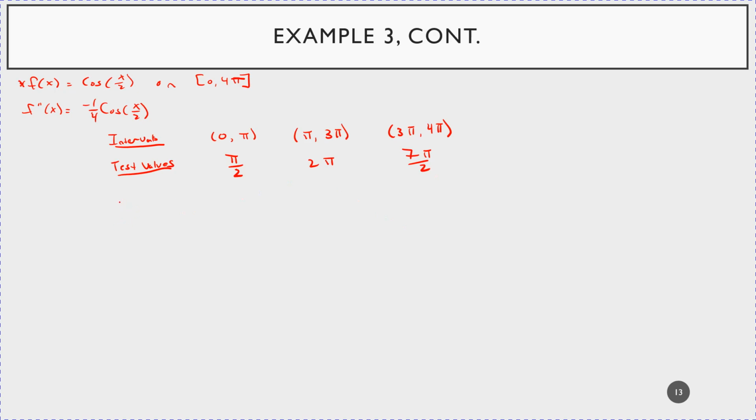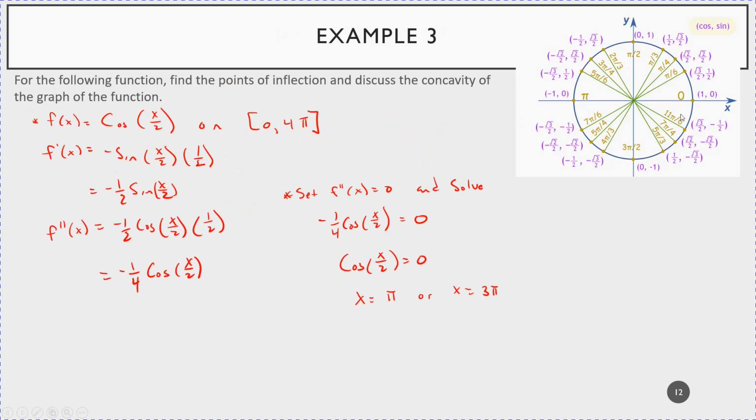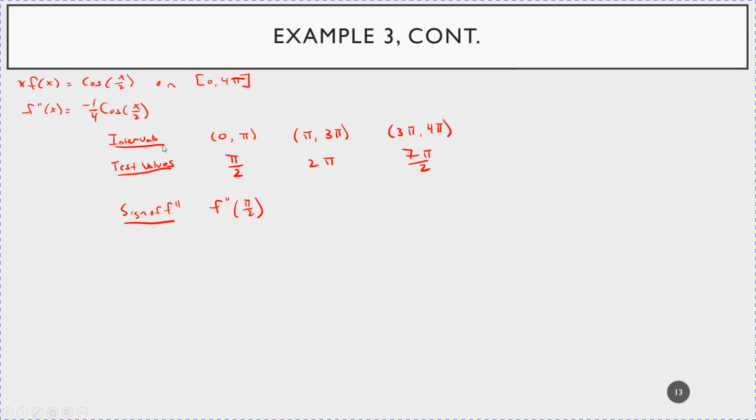Now let's look at the sign of f double prime. What is f double prime of pi over 2? When you plug in pi over 2, you get cosine of pi over 4, which is square root of 2 over 2, and then times negative 1/4. So that's less than 0.